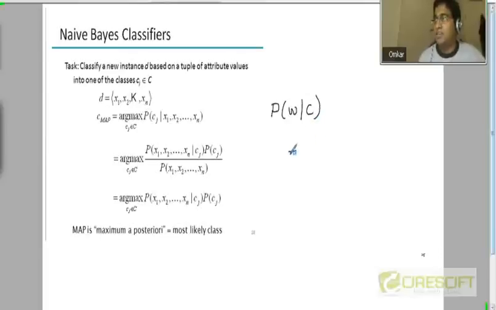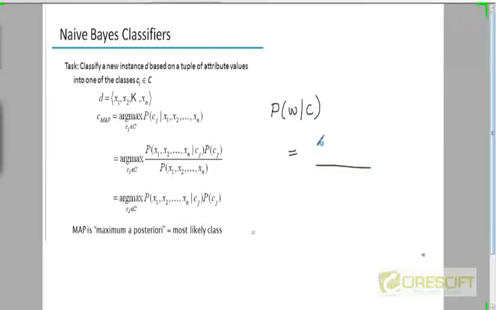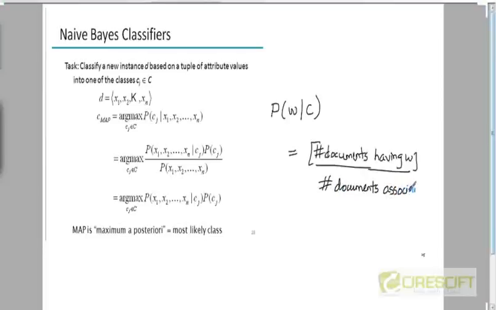This would just be the total number of documents that had the word W in it, divided by the total number of documents in the class C. The total number of documents associated or labeled with class C. So obviously these documents that we are looking at for the presence of word W are documents out of these.